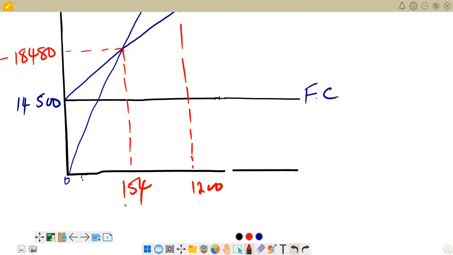This one is the break-even quantity, and this one represents the sales level of 1,200. So that's what we have in terms of the break-even graph.